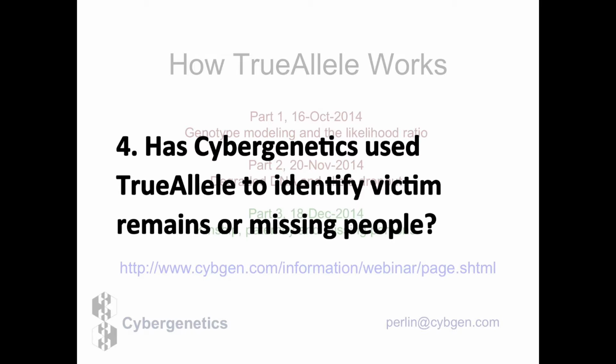The next question is, has Cybergenetics used TrueAllele to identify victim remains or missing people? Yes, it has. About 10 years ago, we were asked by New York City to re-examine the World Trade Center DNA data. There were about 18,000 victim remains and 2,700 missing people, with both kinship information as well as personal effects that had mixture information.